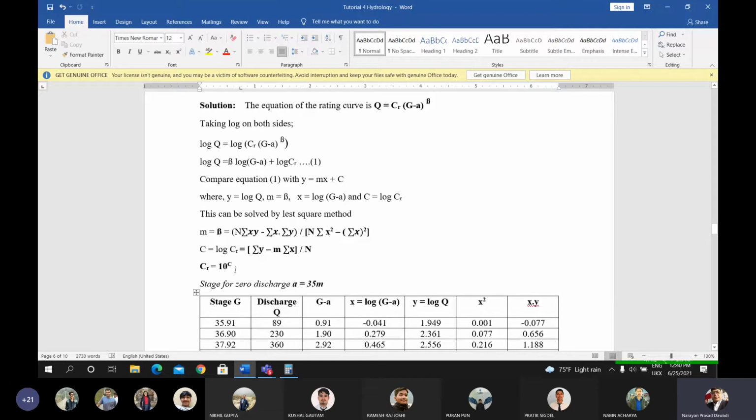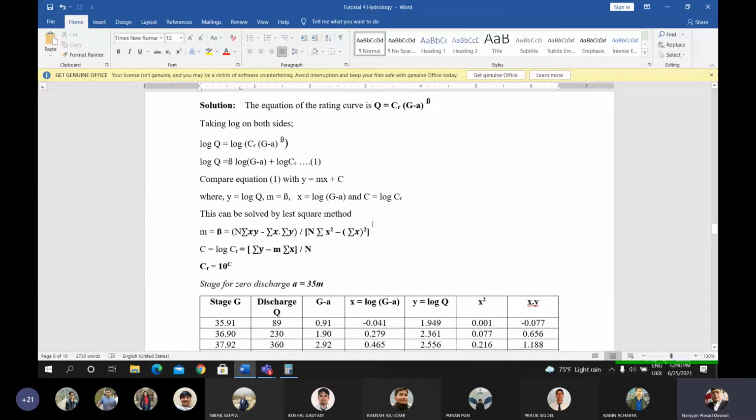Now the constant C is calculated as summation y minus m summation x, divided by n. But C is equal to log CR. So CR will be 10 power C if log base 10 is used here.